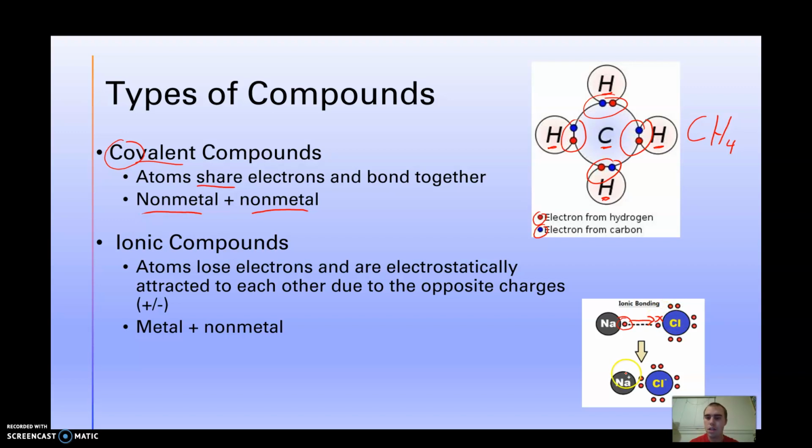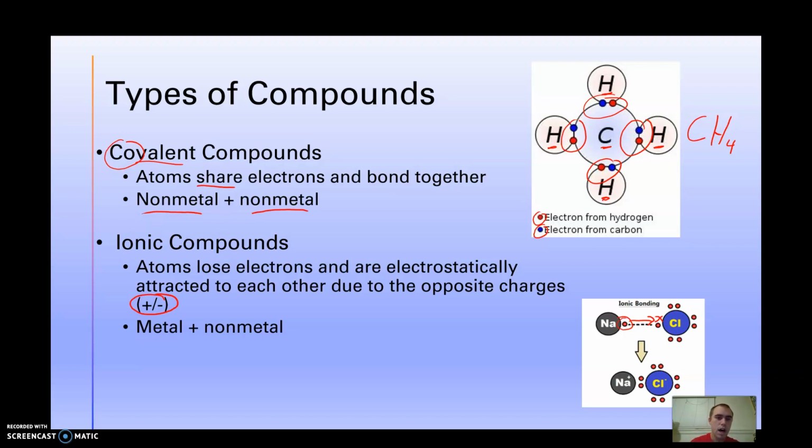What that does is gives sodium and chlorine a charge, positive and negative, and now that positive negative attraction, we've talked about this before, opposites attract, causes these things to stick together. That would be an ionic bond as opposed to a covalent bond where electrons are shared.